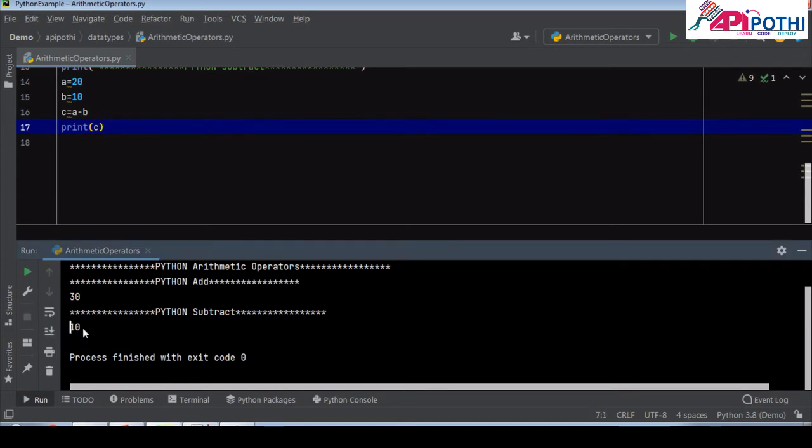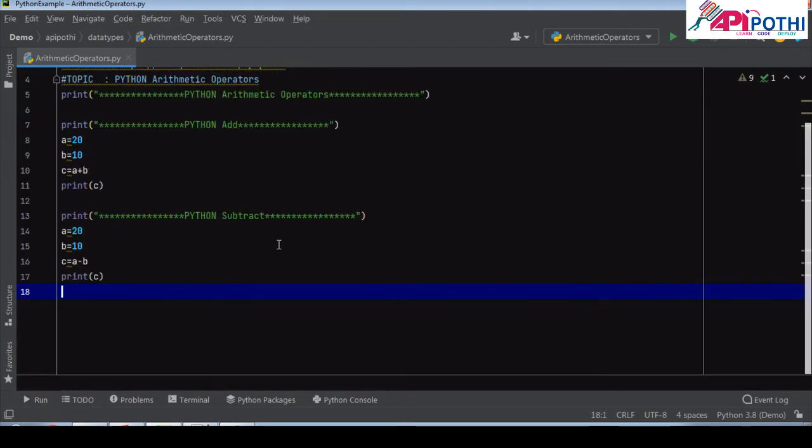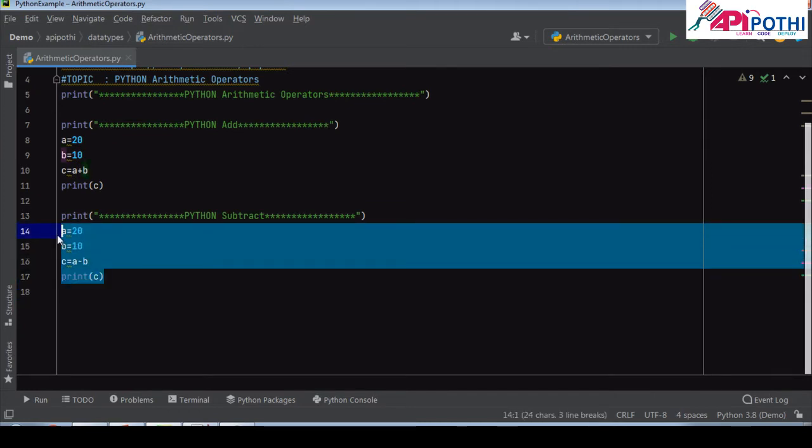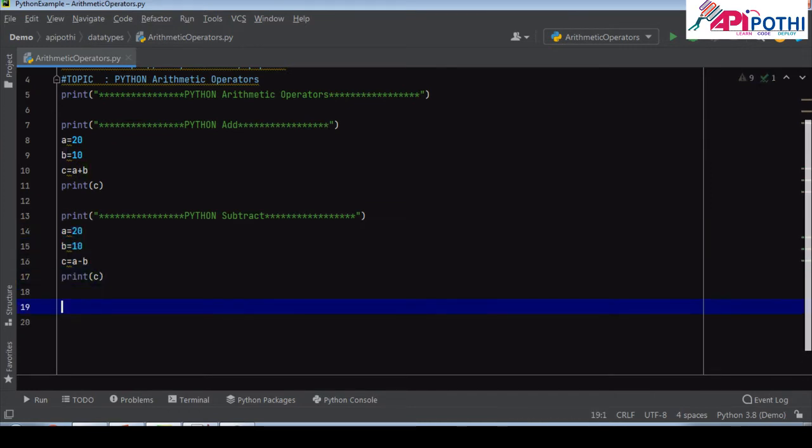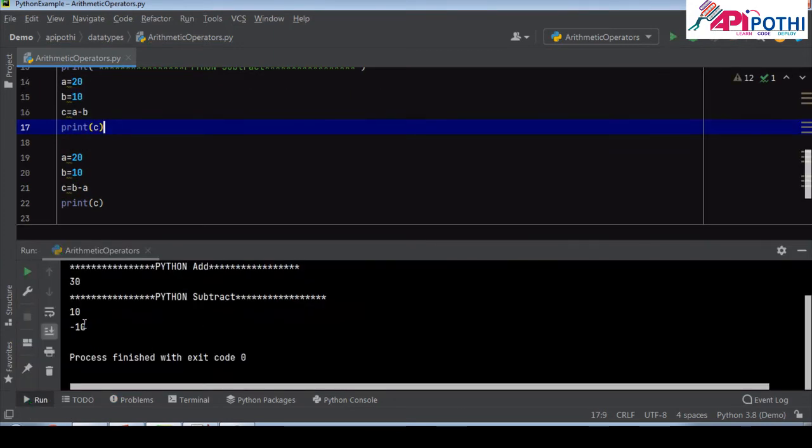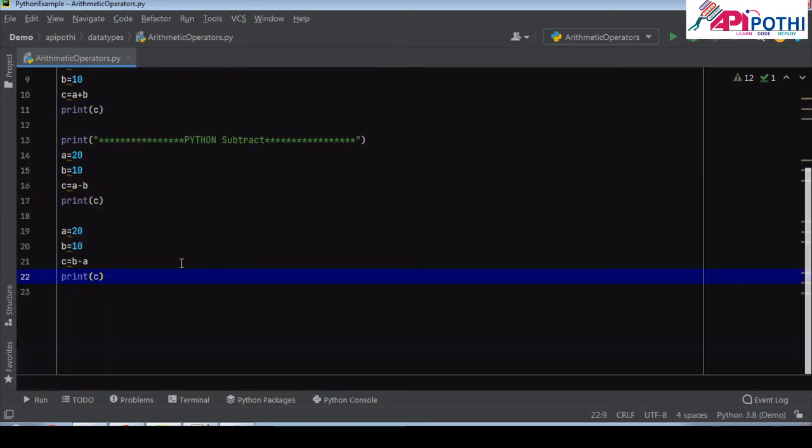So printing c gives 10. In the same way, if we copy this one, and instead of a minus b, we say b minus a also, now we can run. It should give minus 10. You see, it is giving minus 10. So we know how to do the subtraction also.